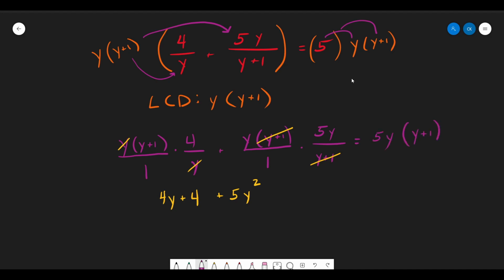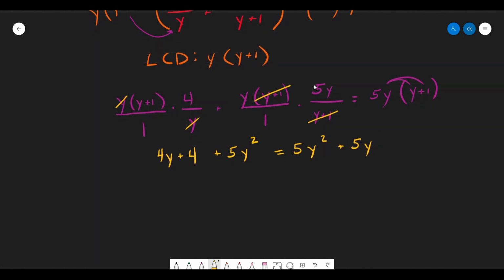And then I have to multiply that by y plus 1. So 5y times y is 5y squared, and 5y times 1 is 5y. And now I'm left with an equation that does not have any fractions in it.